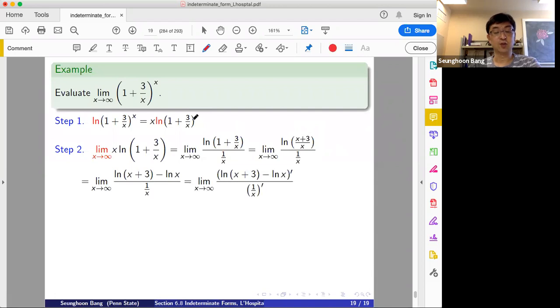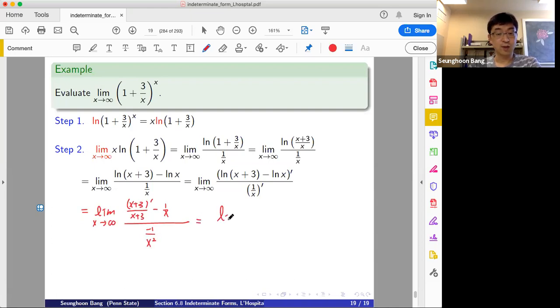Next, you can use L'Hopital's rule. This is the same as the limit as x approaches positive infinity. The derivative of ln of x plus 3 is the derivative of x plus 3 over x plus 3, minus the derivative of ln x, which is 1 over x, all over the derivative of 1 over x, which by the quotient rule is negative 1 over x squared.